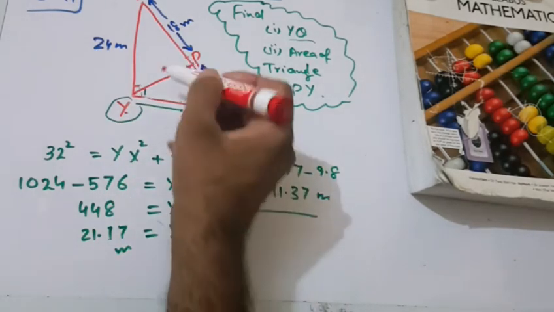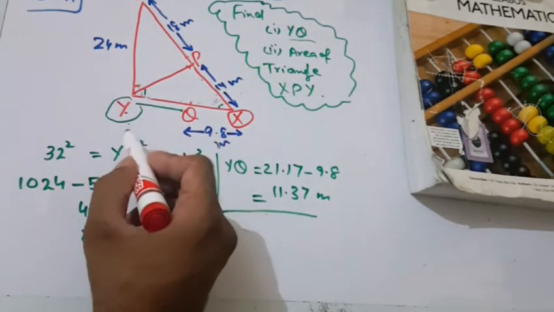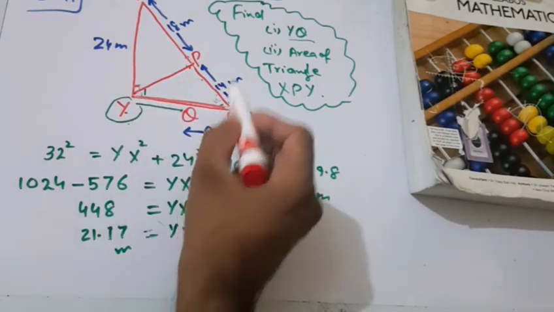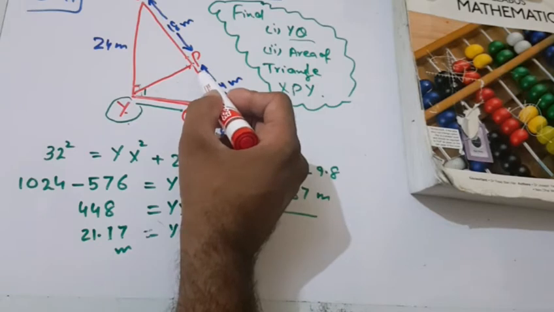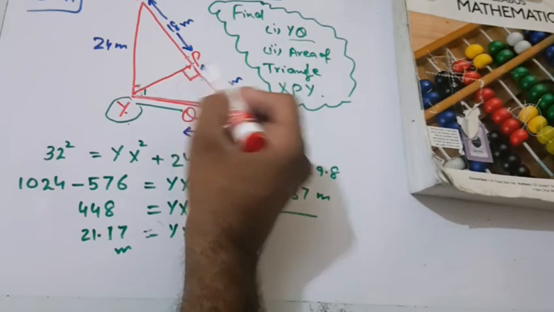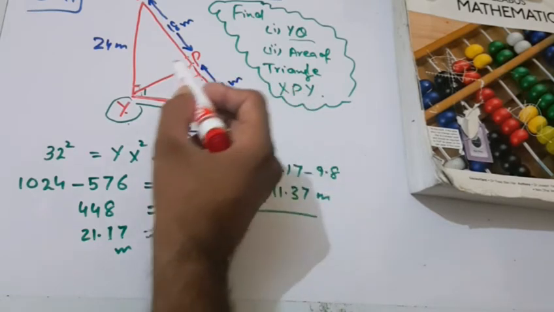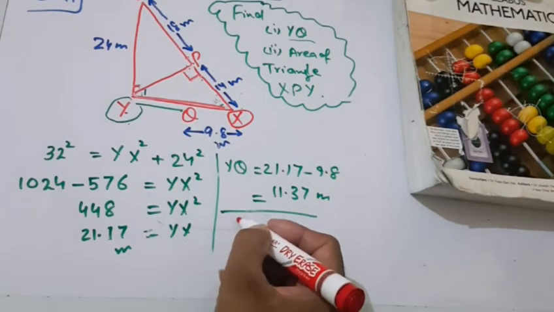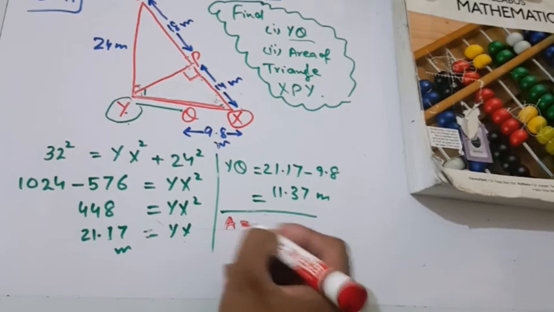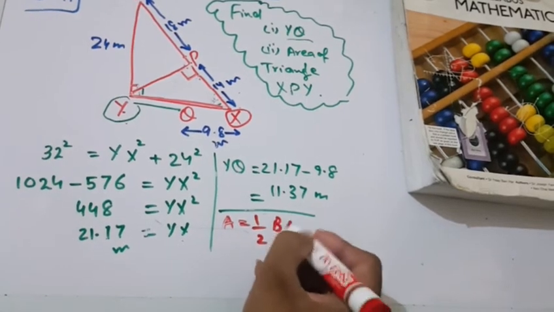If we want to find this, I know that this is the base. If I want to find the area of this triangle, this 14 is the base and this is the height, and we know that the area of a triangle is half base times height.